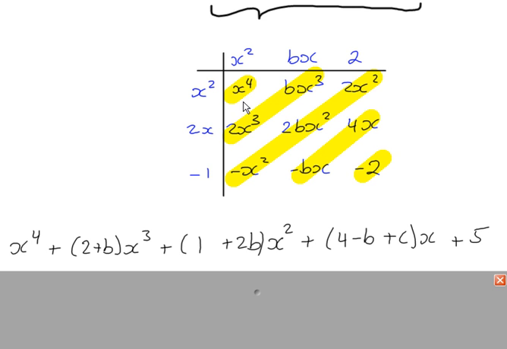So the x to the power 4 term is here. You got 2 plus b for the x cubed terms. There's a minus 1, there's a 2, and there's a 2. Or, well, a minus 1, a 2b, and a 2. And for the x terms, there's a minus b and a 4.